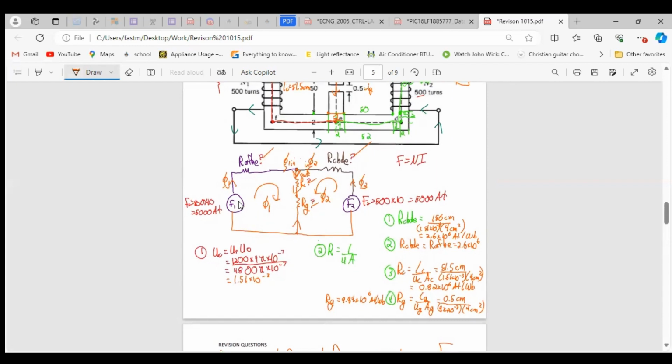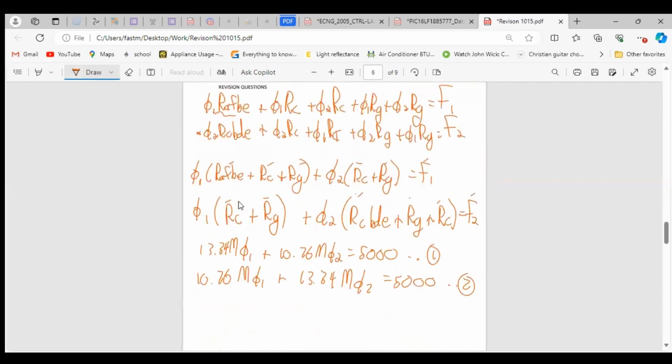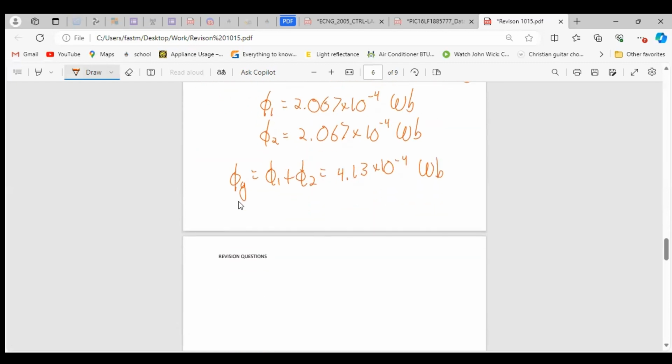The air gap flux, which is what I want, would just be phi 1 plus phi 2, because the fluxes are aiding each other. So phi G, phi 1 plus phi 2, is just this multiplied by 2, and you end up with 4.13 by 10 to the minus 4 webers. Then I'm basically done with that part.